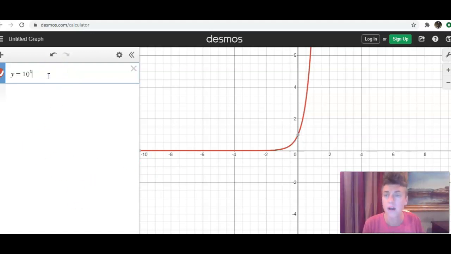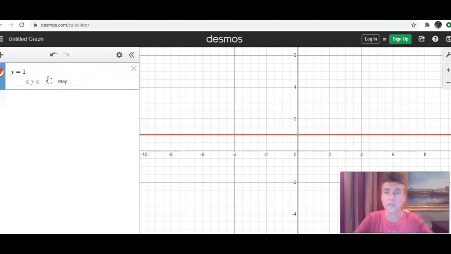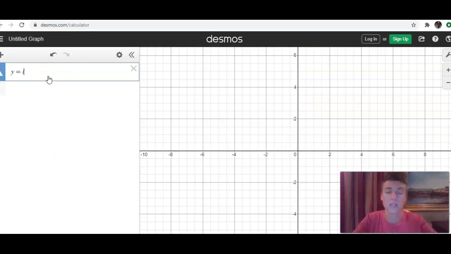Cool. The inverse of the power function is a log function. So log base 10 of x. Again, if I don't put a number here, remember back to your Algebra 2 days, if we don't put a number here for the base, we assume that base is 10.